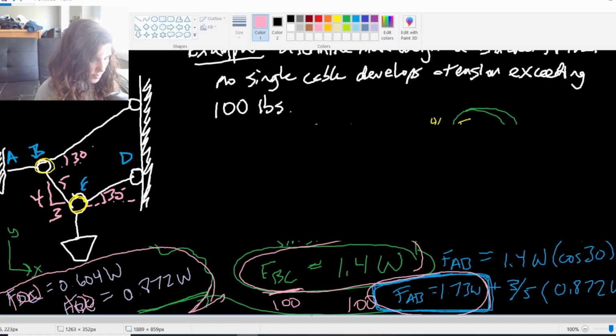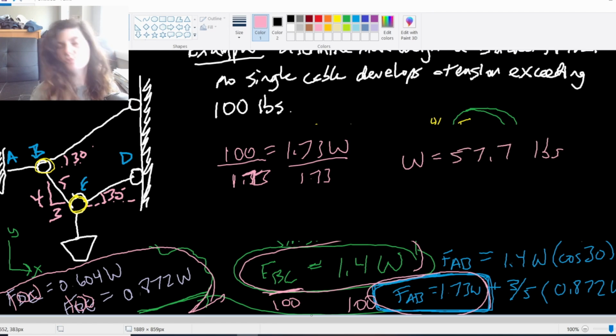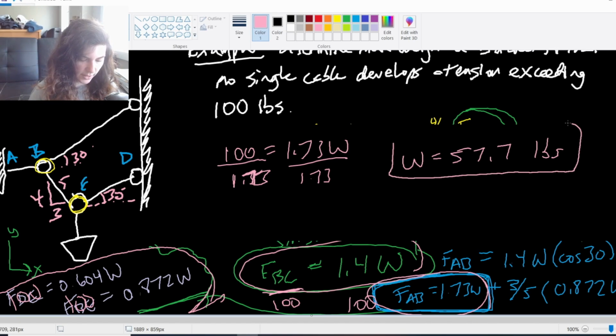So if I put in my F_AB, 100 equals 1.73 W, then I divide each side by 1.73. 100 divided by 1.73, I get a weight of 57.7 pounds. It told us everything was in pounds. We're assuming pound is a force, pound force here. So I get a weight of 57.7 pounds.